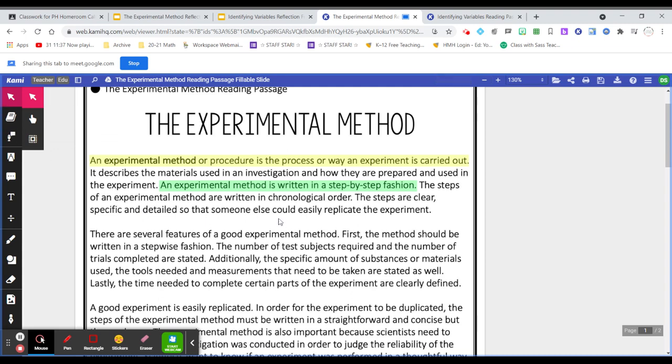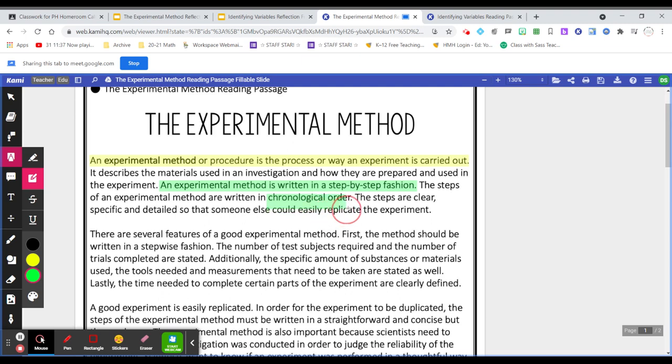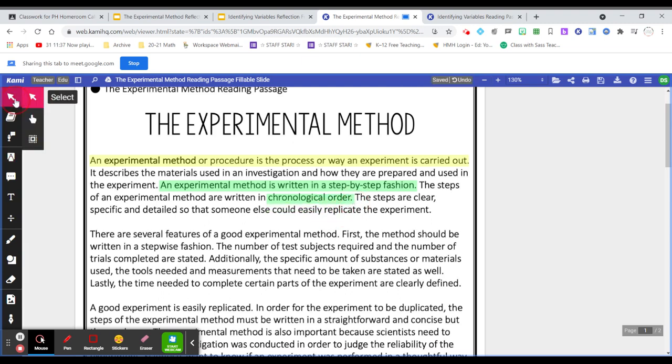So the key pieces here are that we're going to be writing step by step and in chronological order. And can you tell me why writing things in chronological order might be important? Exactly. So making one wrong step, somebody else is trying to recreate your experiment, they might do it totally incorrectly if things aren't written down chronologically.